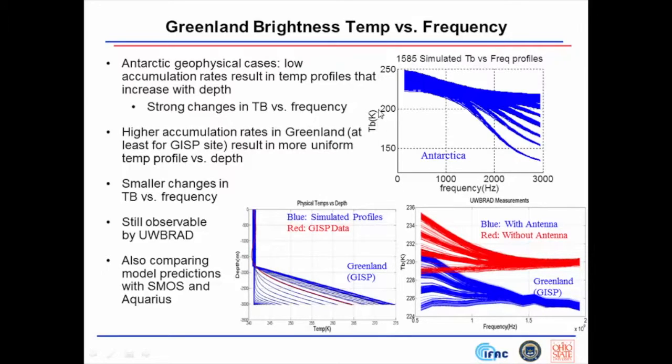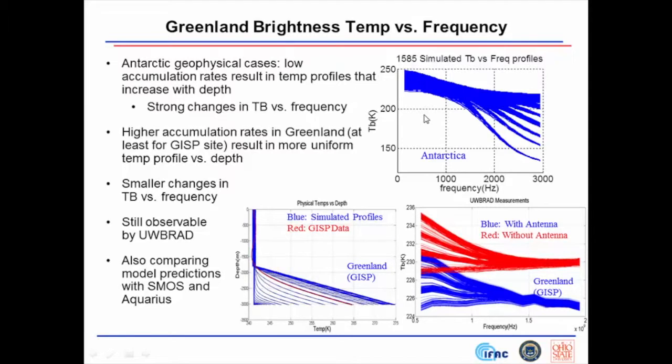So if we simulate those kinds of curves in Antarctica for some variations about the temperature profiles we expect, we get a significant signal versus frequency. You can see the brightness temperature is changing on the order of 30, 40 kelvins across frequency. And as we go to lower frequencies, we see deeper into the ice sheet. The ice is warmer down there, so you see a higher brightness temperature.